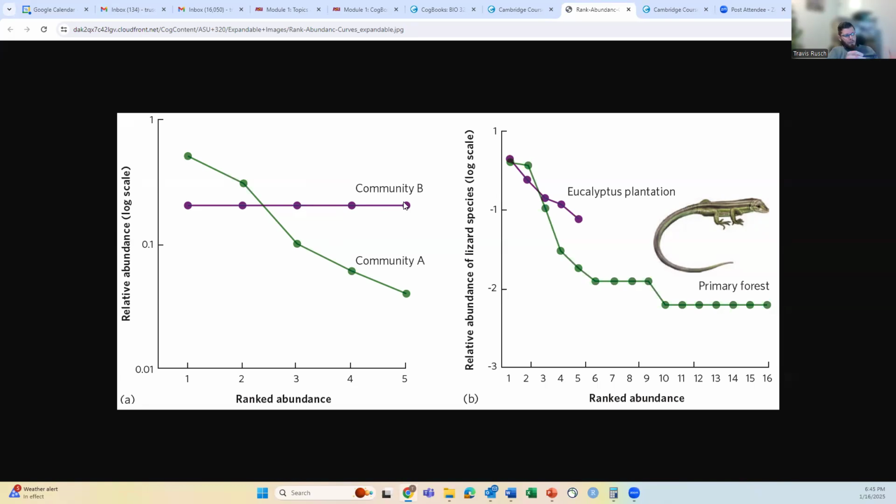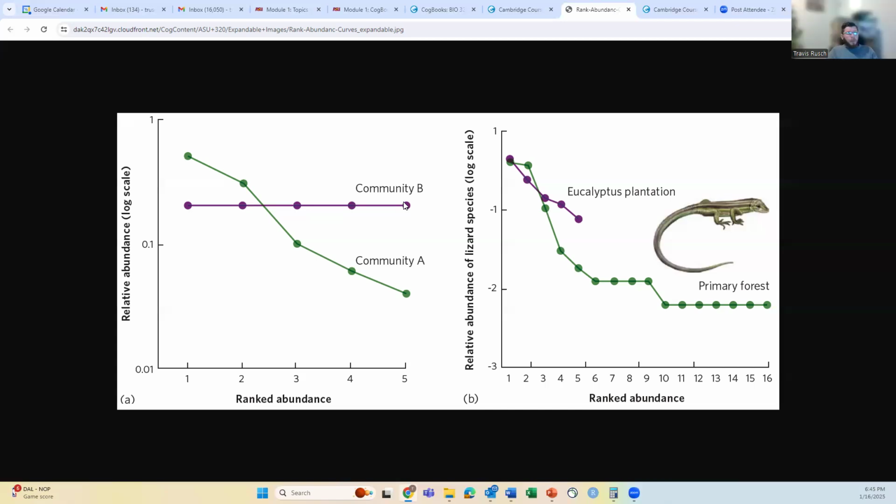How does a rank abundance plot tell us anything about species richness? What do the actual dots on the plot represent? Do they represent each individual species?